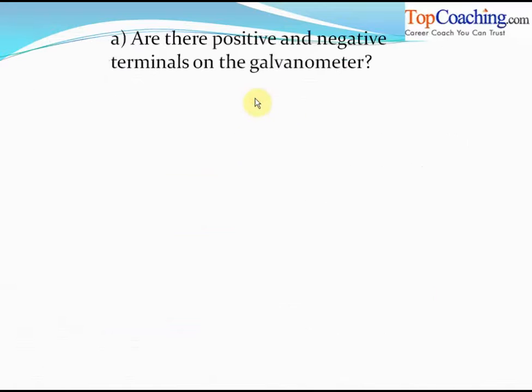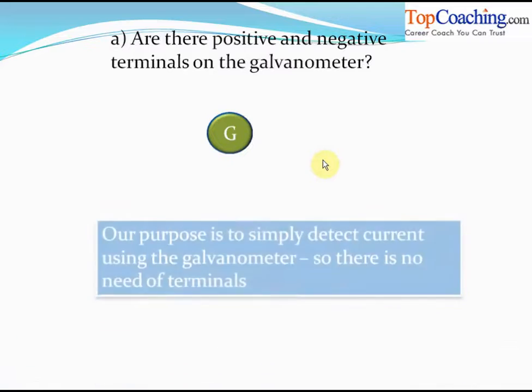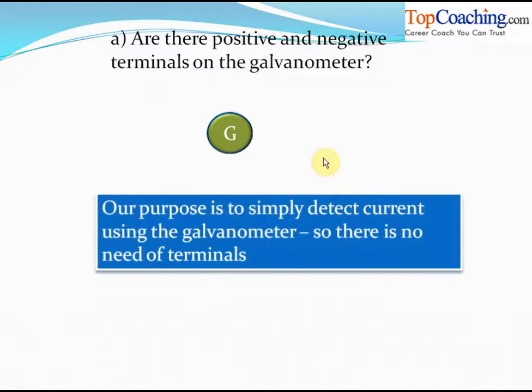First, let's look at the first part. Are there positive and negative terminals on the galvanometer? Well, our purpose in case of a galvanometer is just to detect current. So if there is current, the galvanometer shows deflection. If there is no current, the galvanometer does not show deflection. When we have to measure current, we use an ammeter. When we have to measure voltage, we use a voltmeter.